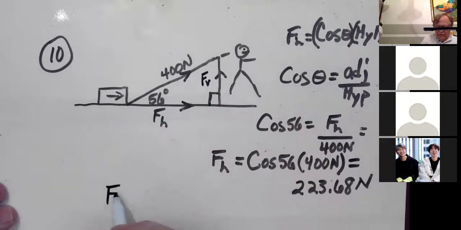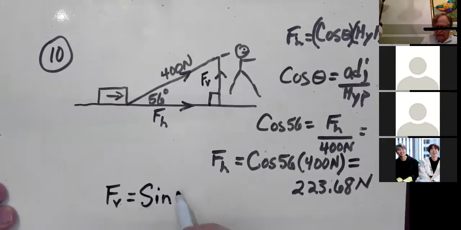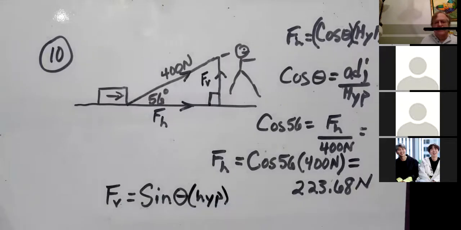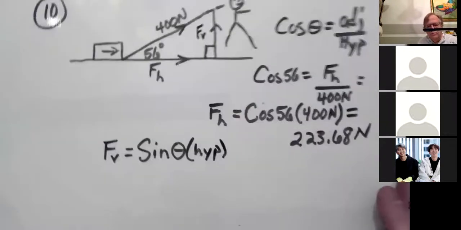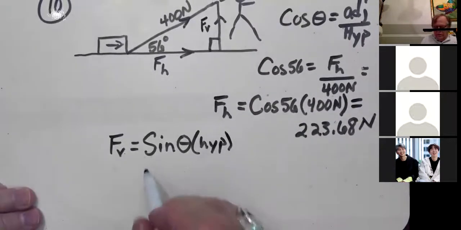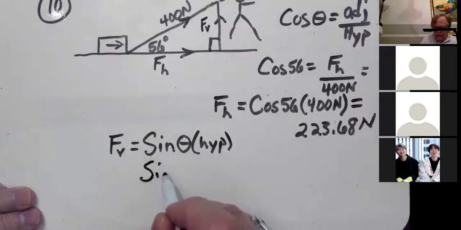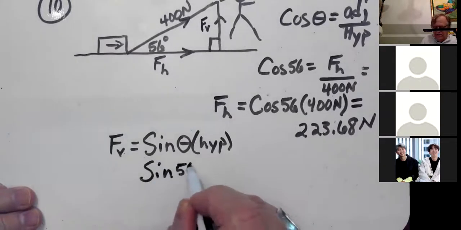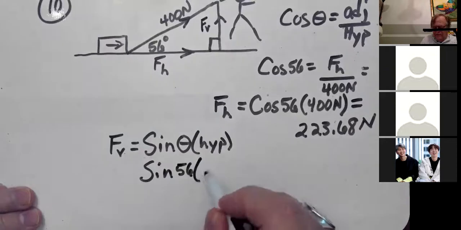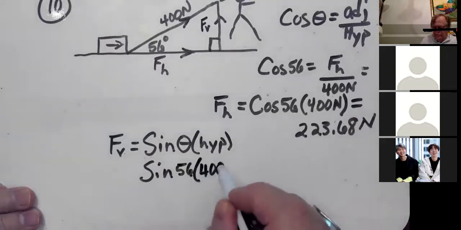So the vertical force would equal the sine of theta times the hypotenuse. This is the already moved around formula. So that would be the sine of 56 times 400.